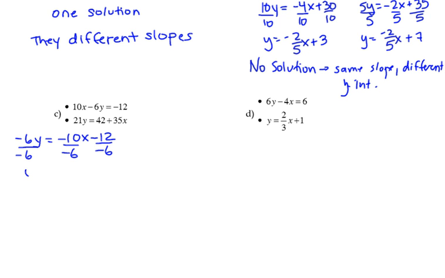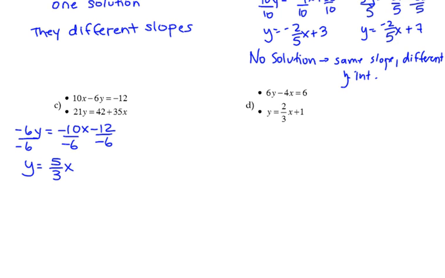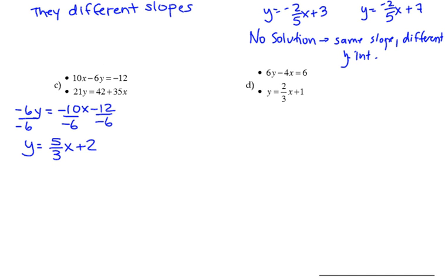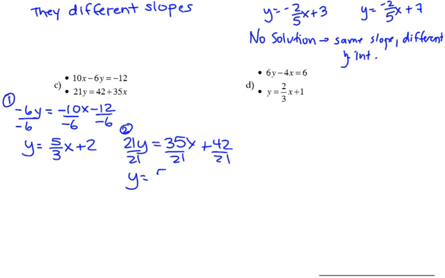When you reduce, you should have had positive 5 over 3x plus 2. The second equation, we just had to divide everyone by 21. And I'm going to rearrange this and put the x first. So when we divide everyone by 21, you should again have positive 5 over 3x plus 2.